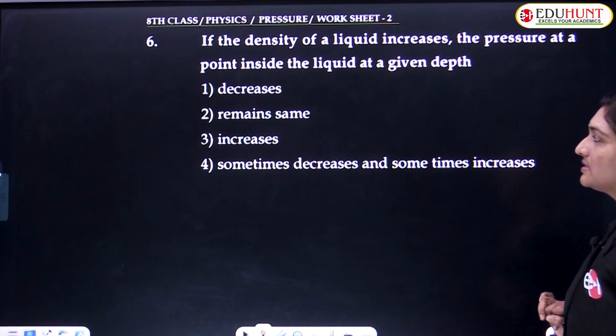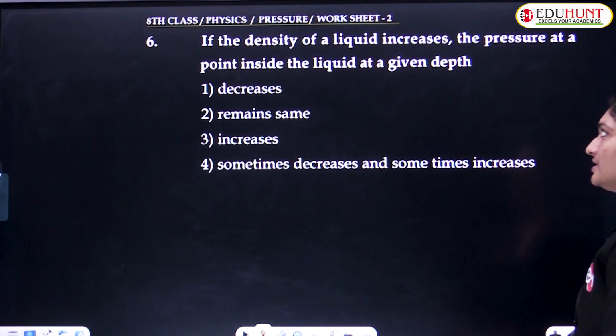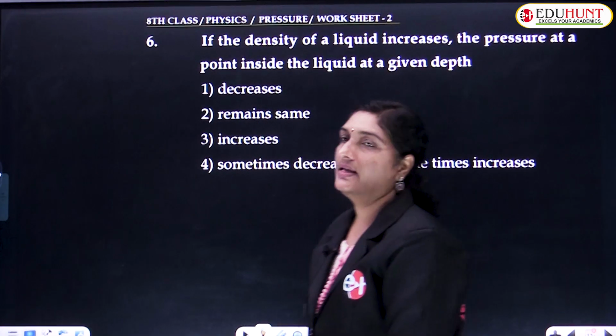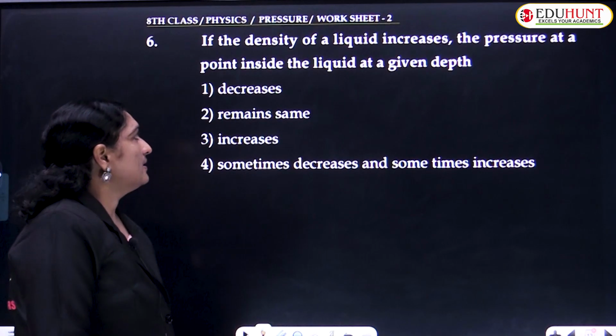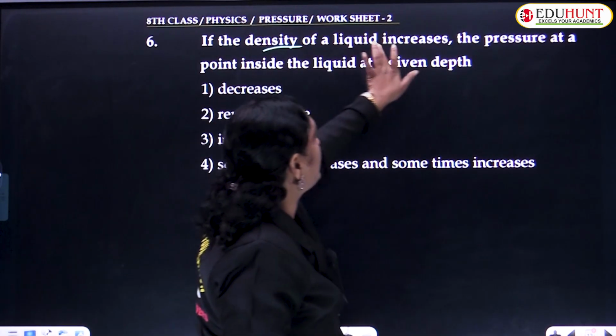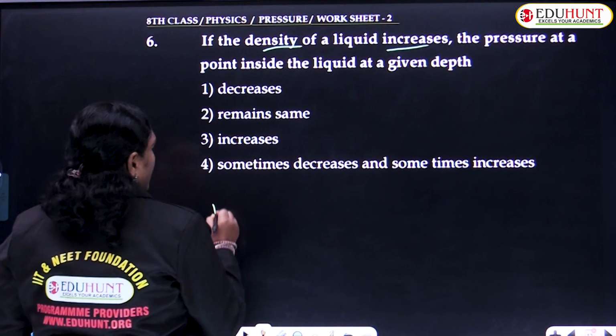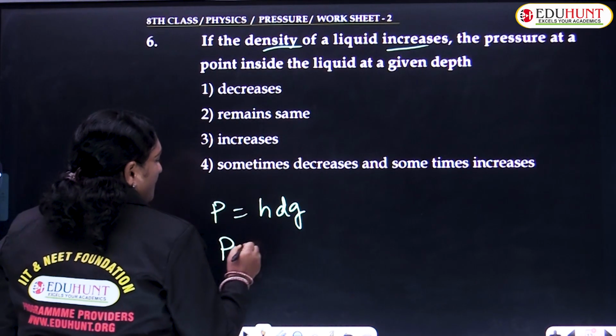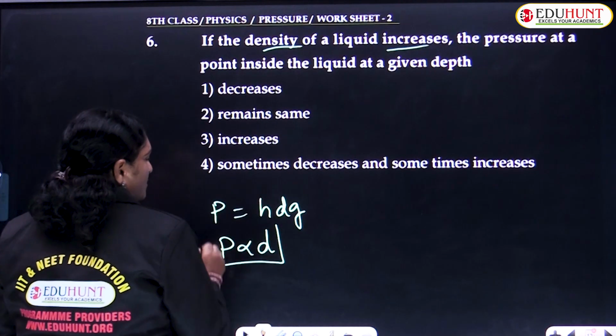Now moving to the sixth question. If the density of a liquid increases, what happens to the pressure at a point inside the liquid at a given depth? Density is increasing. As we know, pressure is equal to HdG, so pressure is directly proportional to density.